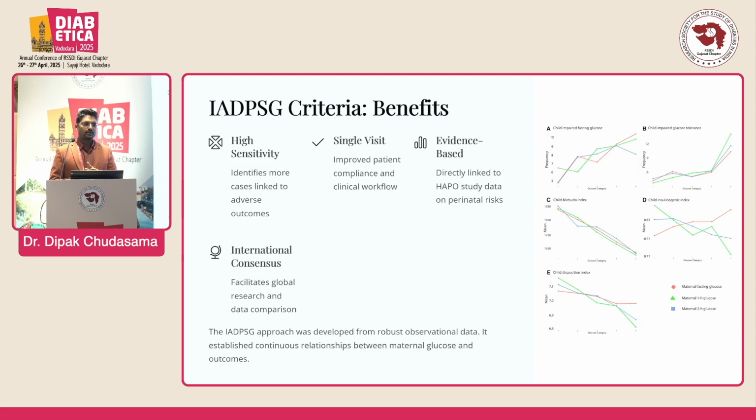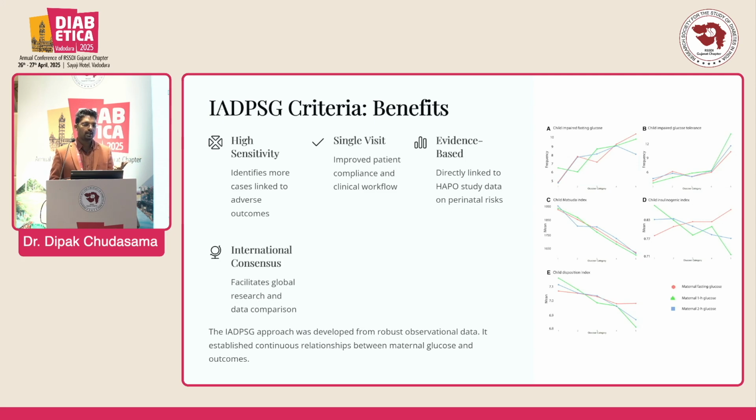What are the benefits of this particular organization's diagnostic criteria? Because of the high sensitivity, it identifies more cases linked to adverse outcomes. It needs a single visit: only one day you have to call the pregnant lady, fasting, a minimum of 10 hours, then go for the 75 gram glucose tolerance test, with fasting, 1 hour, and 2 hour values.